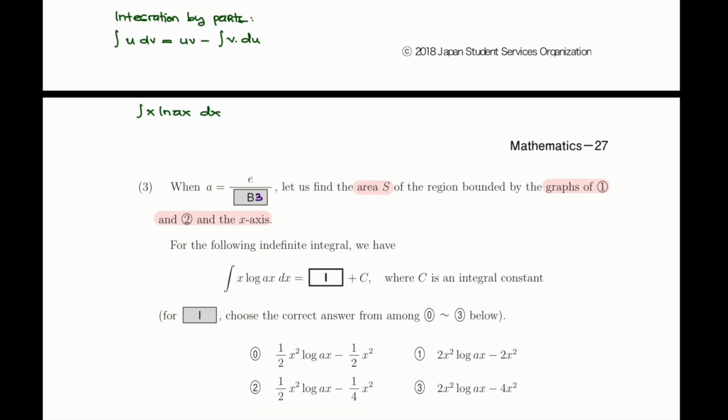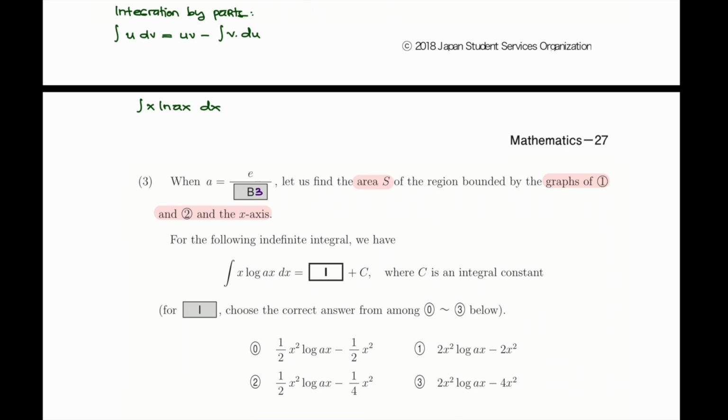If you want to use integration by parts, we have to know which one is u and which one is dv.